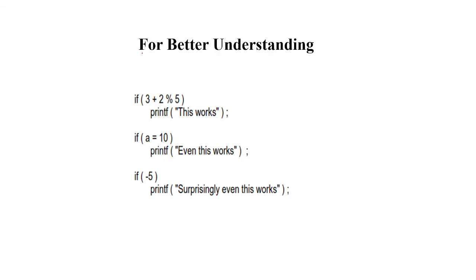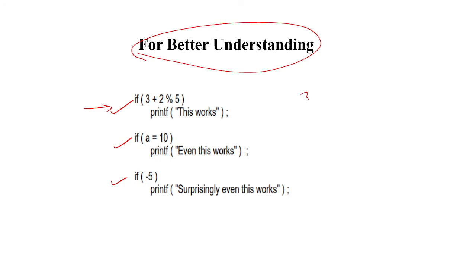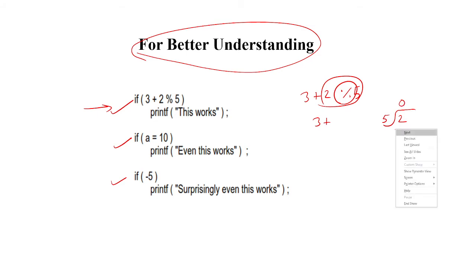Next, for better understanding, let's take a few examples here. In the first one, the expression is 3 plus 2 modular division 5. As we have studied the operator hierarchy, firstly the modular division will be performed. So 2 modular division 5: 0 is the quotient and the remainder is 2.